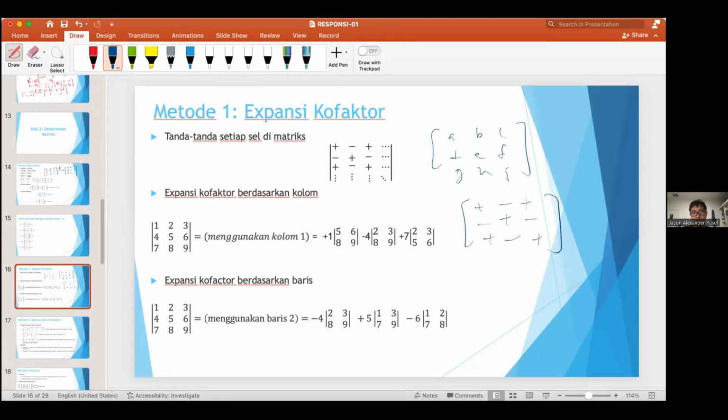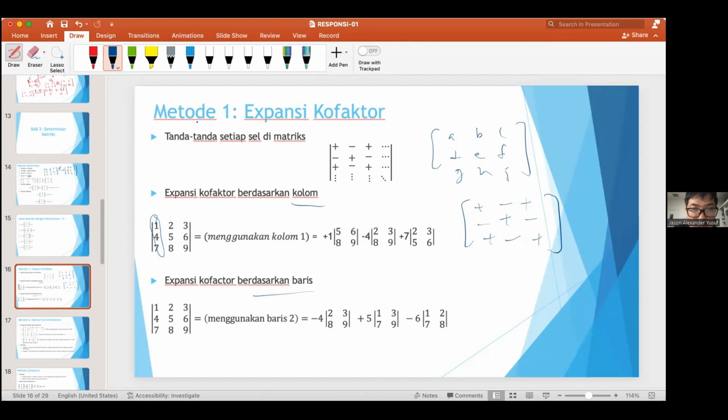The important part. Now for cofactor expansion, you can do it based on the column or based on the row. What do I mean by the column? Let's say we use column 1. This column automatically becomes the viewpoint, and then we do it based on the values of each of the rows.